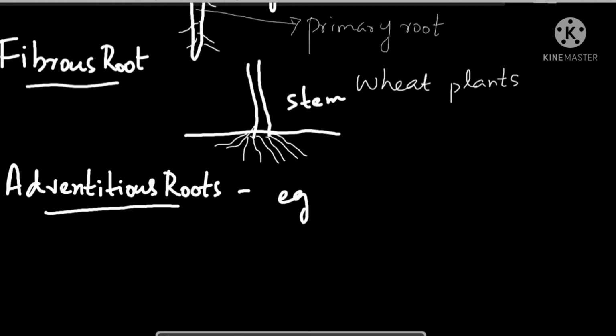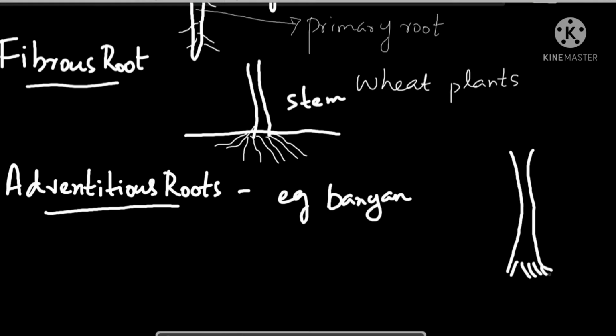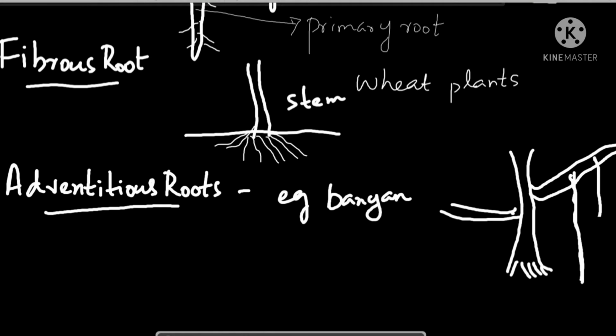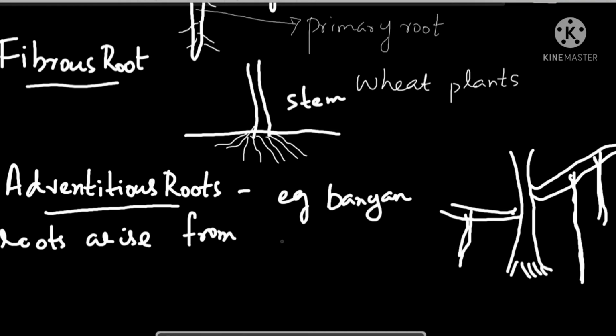For example, in case of banyan tree, so this is banyan tree, and these are banyan tree's branches. And if the roots arise from the branches, then it is called adventitious roots. Because adventitious roots means the roots arise from other parts of plants, not the radicle part.